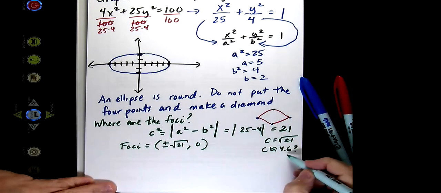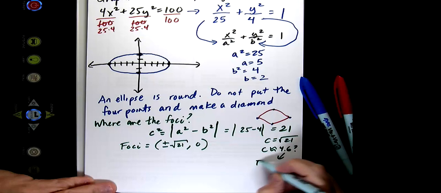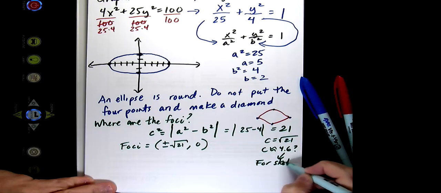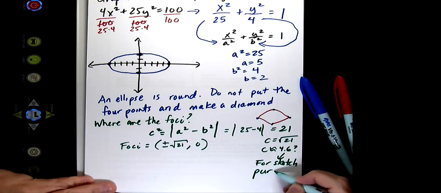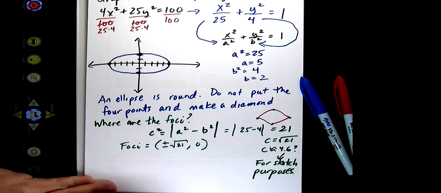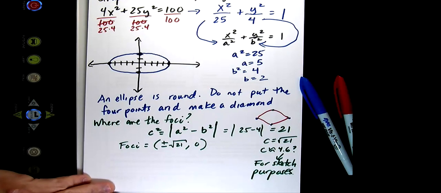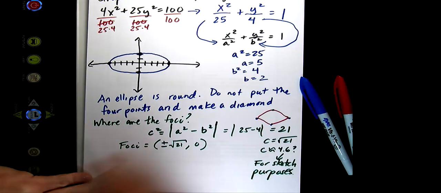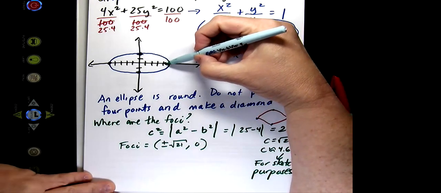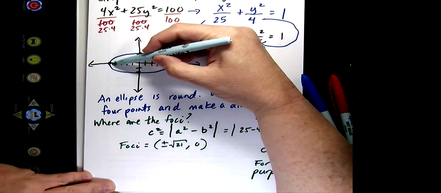The only reason you would use this is for sketching purposes. Don't simplify the focus, leave it in the whole form. That just tells me that it's way over here and it's way over here.